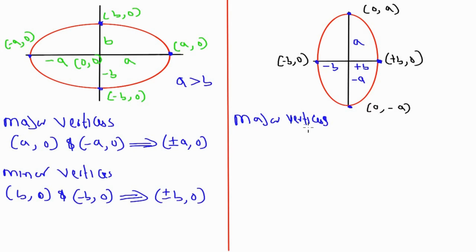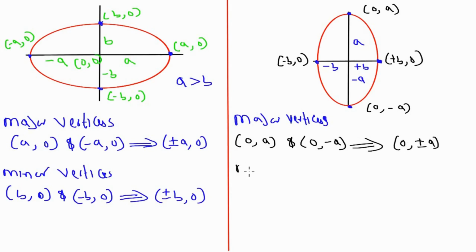Remember, the major vertices are in relation to the value of a, because it always consists of the largest coordinate point. Thus, the coordinates of the major vertices here are 0, a and 0, minus a. Or if you want to compress it, you can write it as 0, plus or minus a.